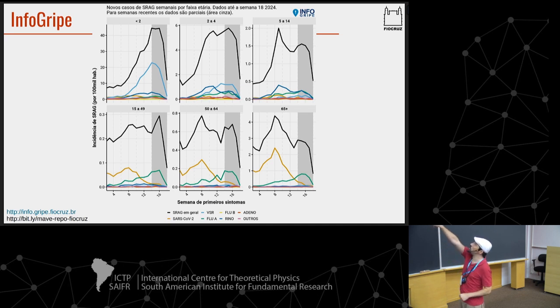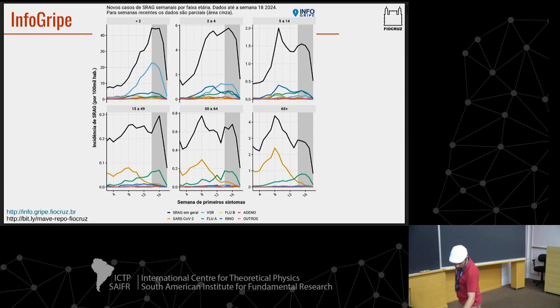And we see that RSV, the light blue line there, is still circulating with extreme importance. The green line, influenza A, is also present with an upward trend. And COVID, SARS-CoV-2, the golden line, fortunately is still more or less silent.